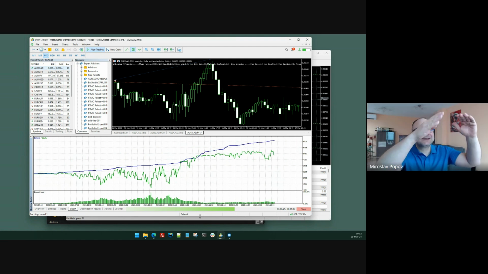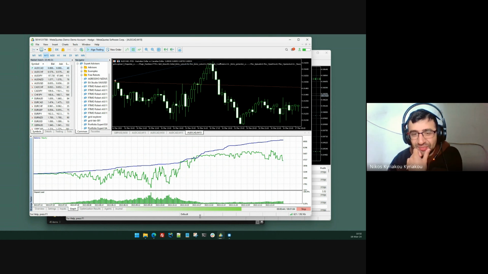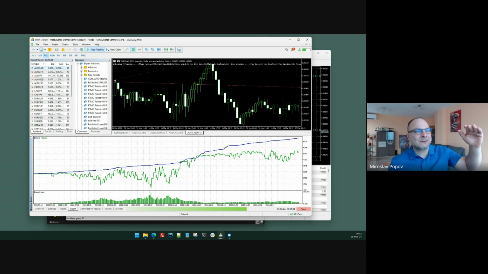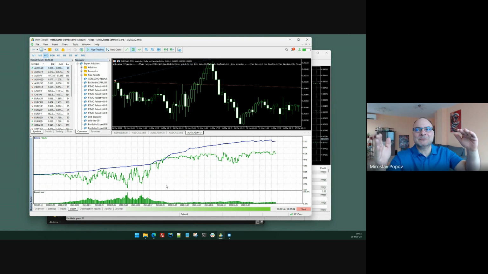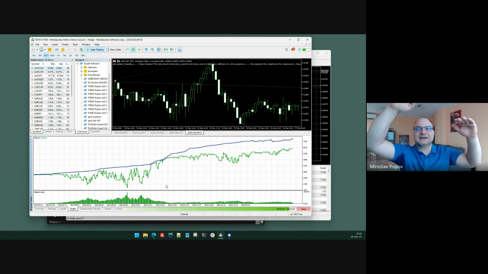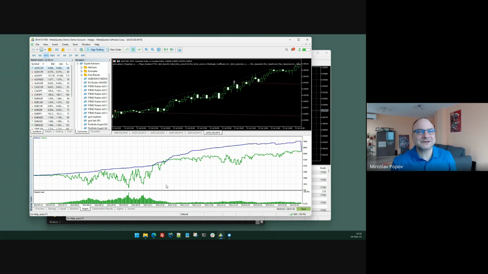Because if the market goes in one direction, we start from 0.01 lot and we don't have such a big amount accumulated. But the strategy actually benefits from this big market move because it adds in one direction, increases the lot size in the wrong direction, and then when the market recovers, we collect this profit. We started from what we thought was the worst moment, and we doubled the account.